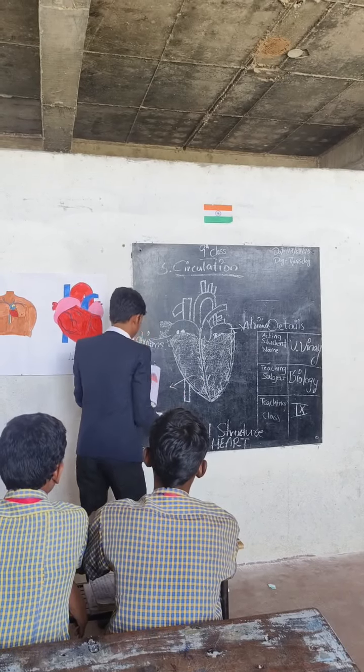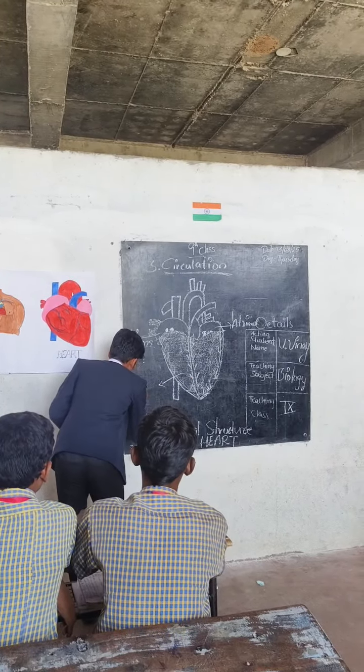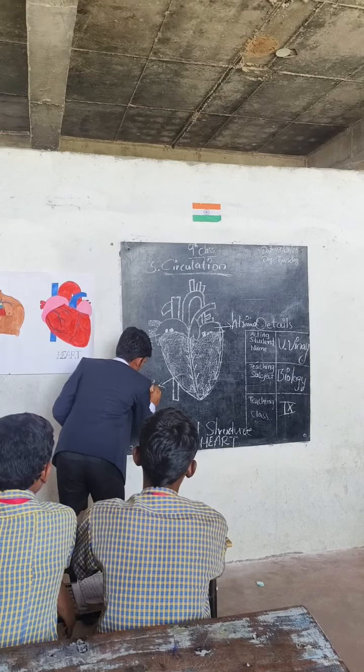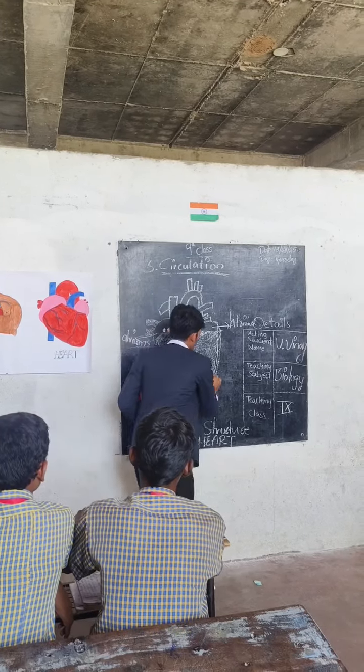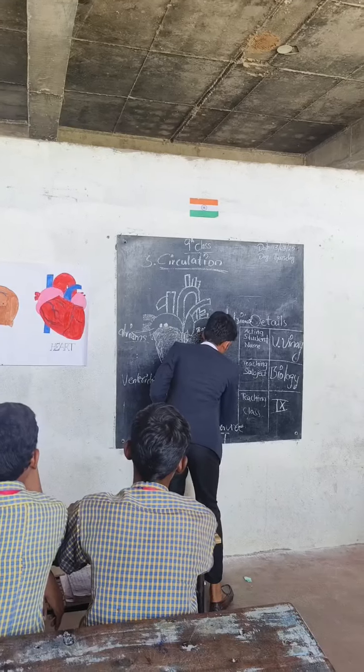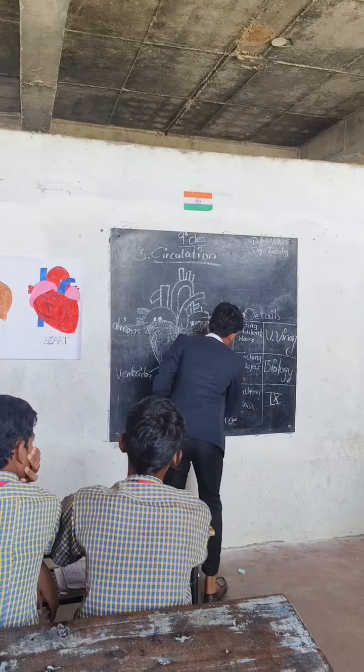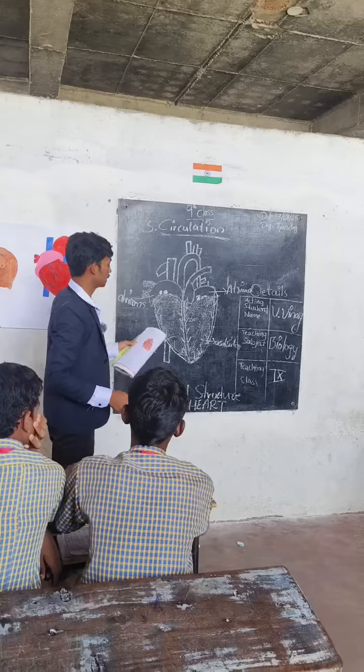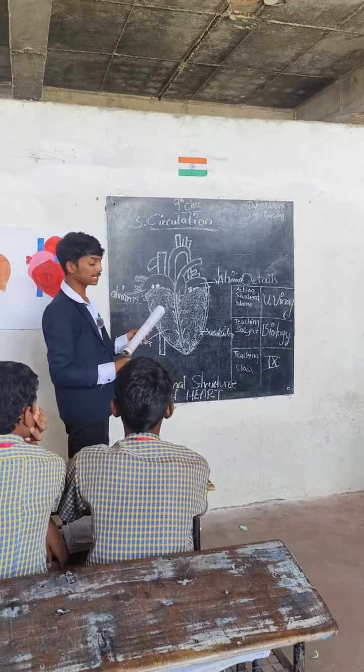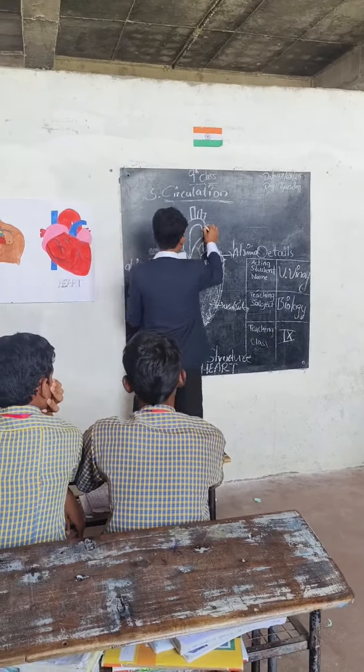Lower parts are called ventricles. And our heart contains the largest artery, called aorta. This is called aorta.